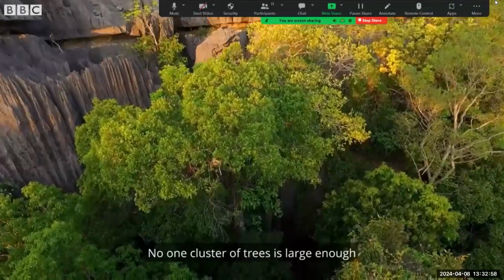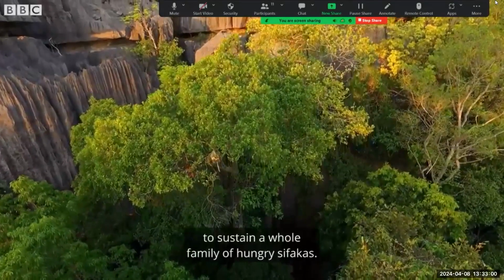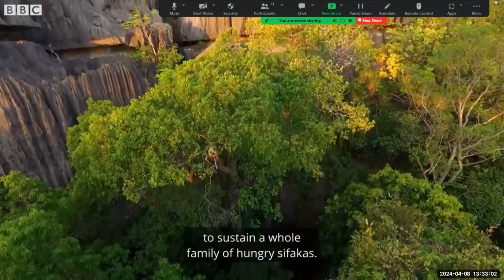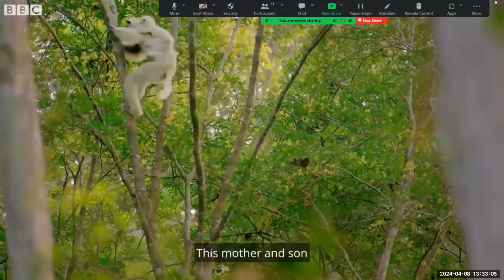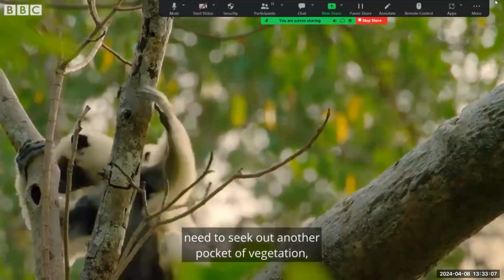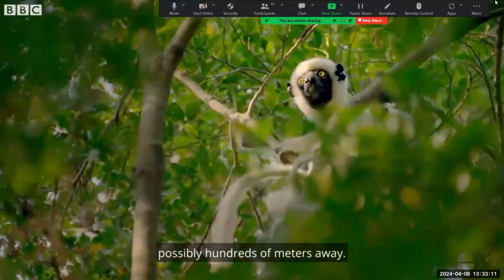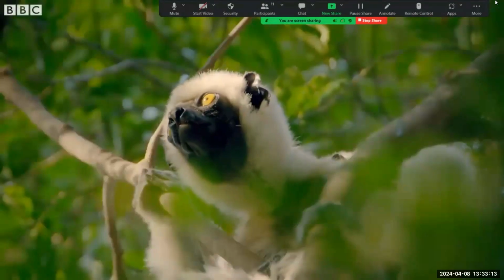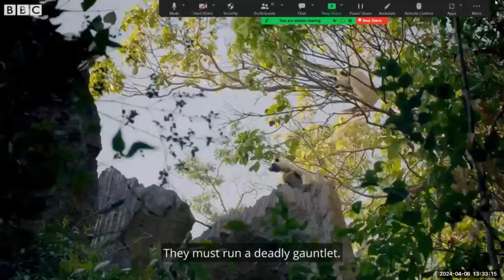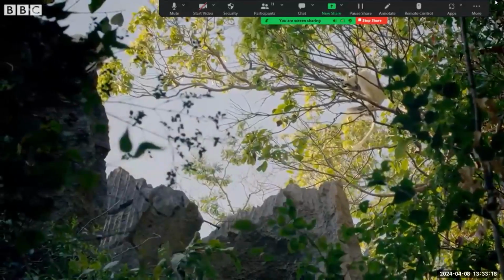No one cluster of trees is large enough to sustain a whole family of hungry shifakas. This mother and son need to seek out another pocket of vegetation, possibly hundreds of meters away. They must run a deadly gauntlet.